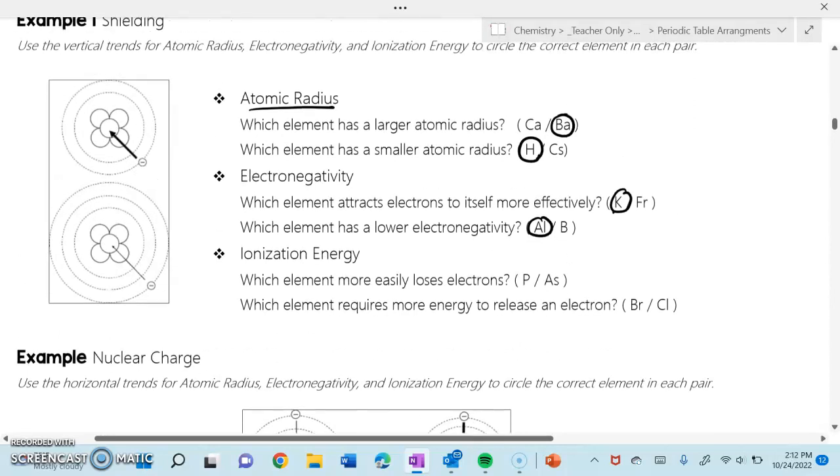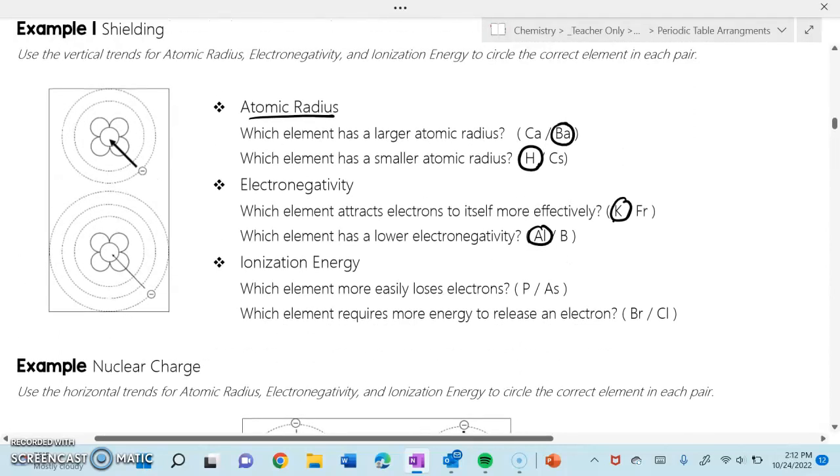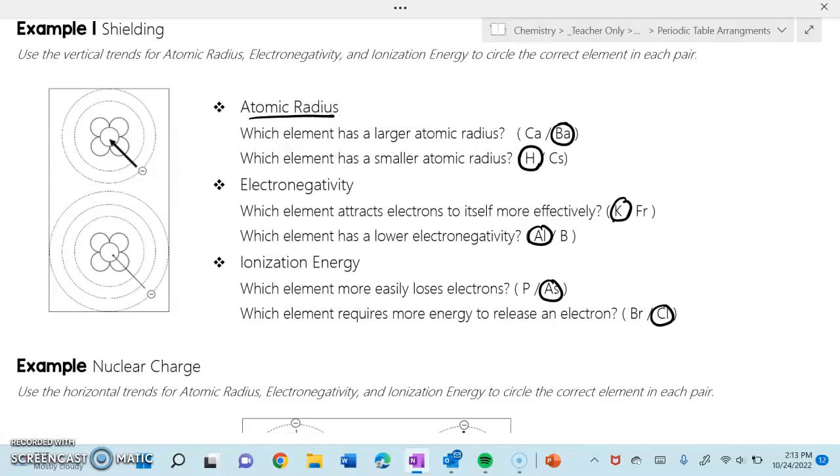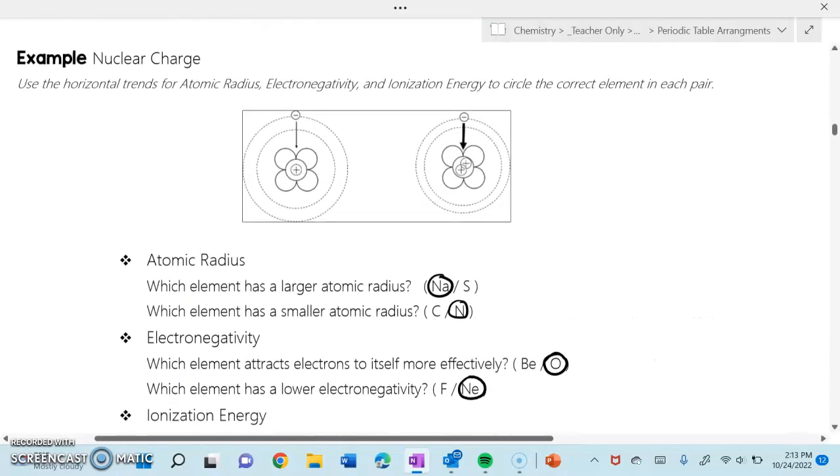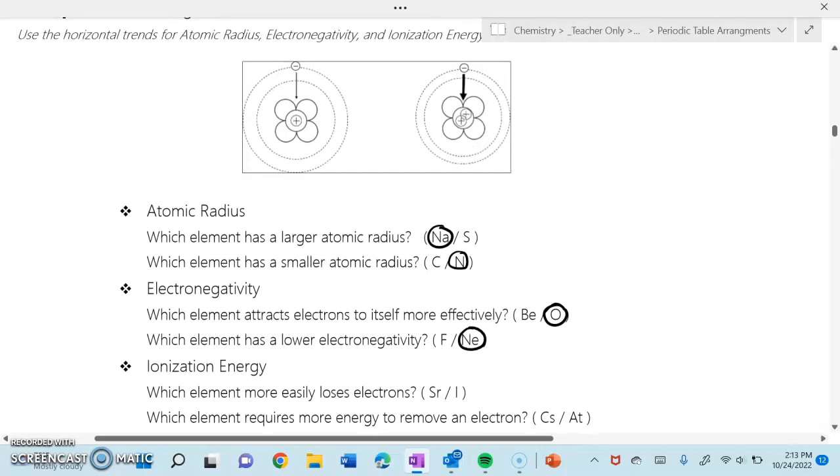Which element more easily loses electrons? That's a low ionization energy. So we're going to be looking for more distance farther down the periodic table. That would be arsenic, which requires more energy to release an electron. This should be higher up on the periodic table because it's got a stronger pull when it's closer.